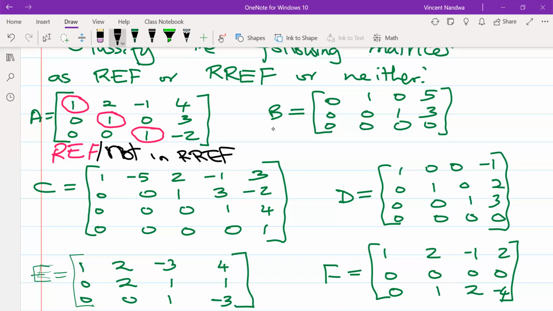If you are to change it into reduced row echelon form, what adjustments should be done?